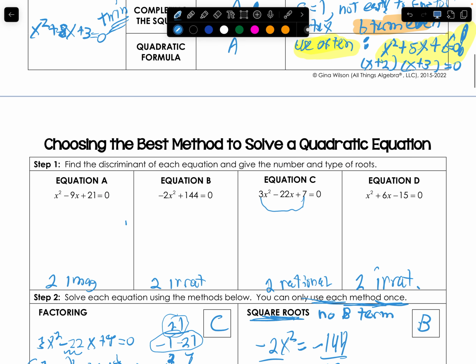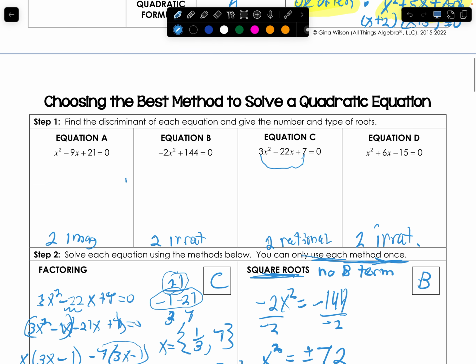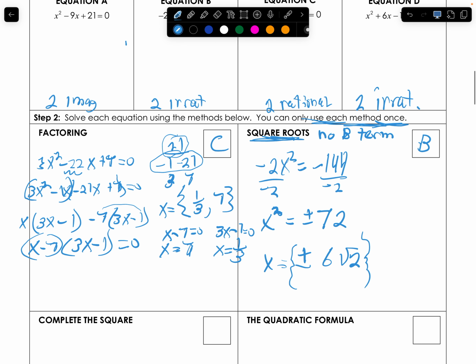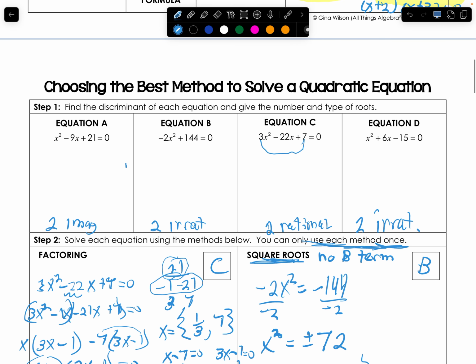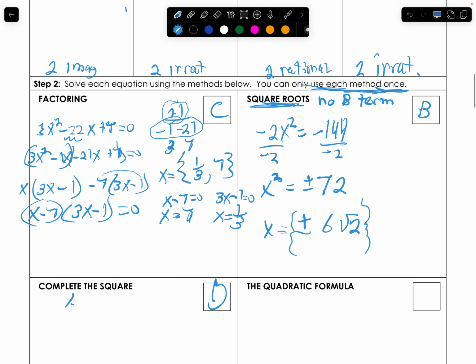Completing the square. I'll take equation A. Or D, it doesn't matter which one you choose. Actually, I'm going to take D. I don't know why I decided to change my mind, but I did. x squared plus 6x minus 15 equals 0. Kick the 15 out of there. x squared plus 6x. Divide the 6 by 2. That's 3. Square it, you get 9. So I'm going to be adding 9 to each side.